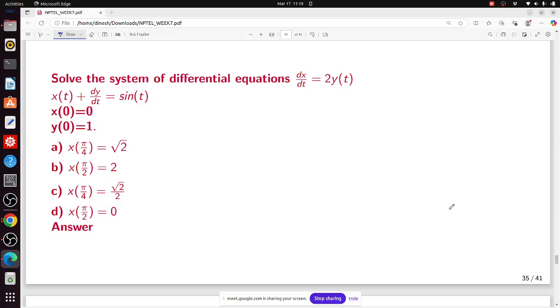Using the Laplace transform, mark all the correct answers.